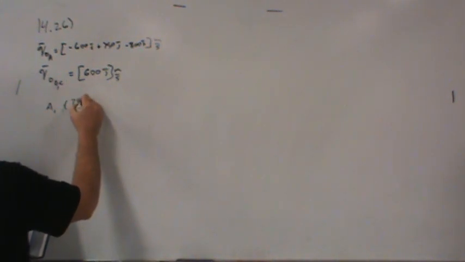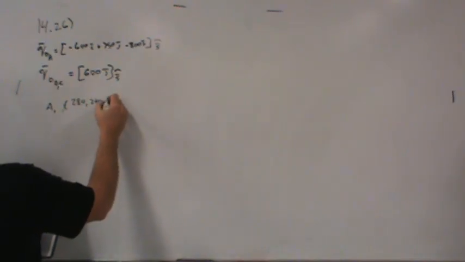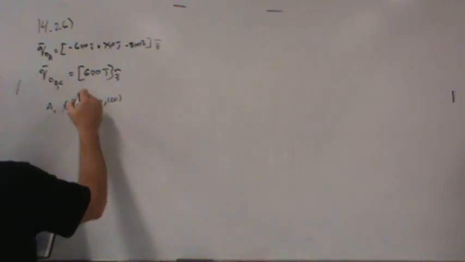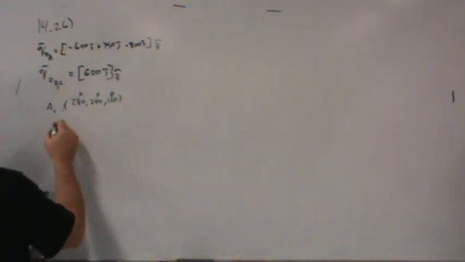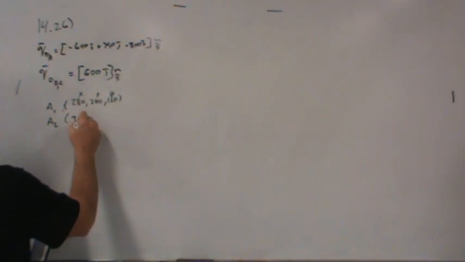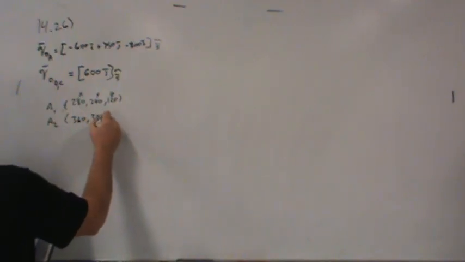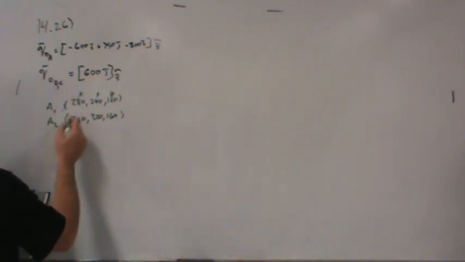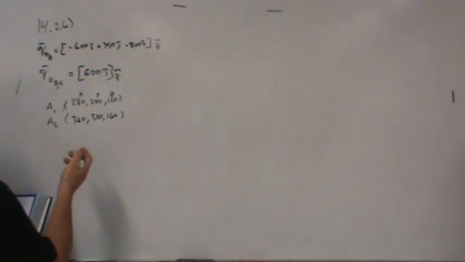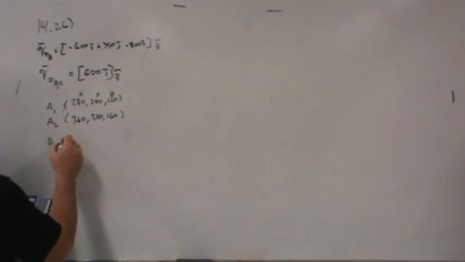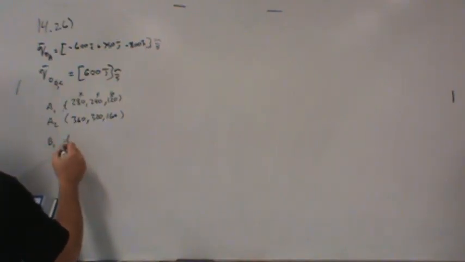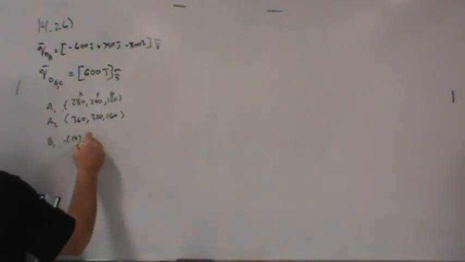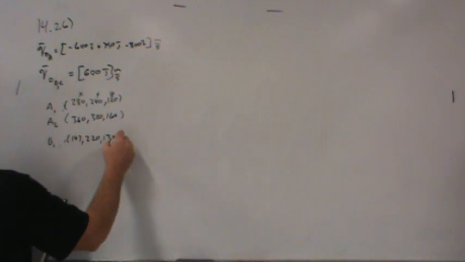equals 280, 240, 120, where these are obviously X, Y, and Z components, and A2 is 360, 320, 160, same order, while B and C are observed to move along paths defined respectively by B1 is 147, 220, 130.